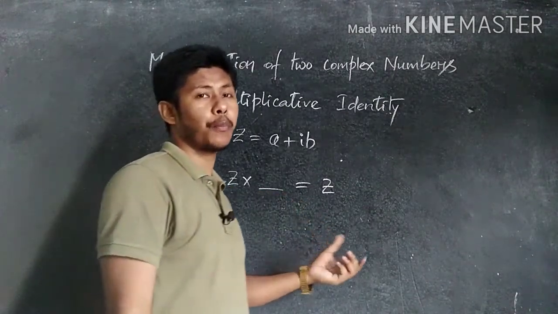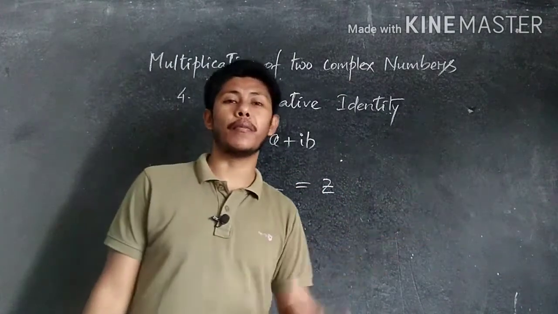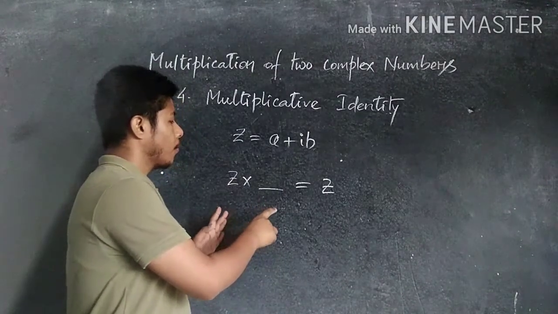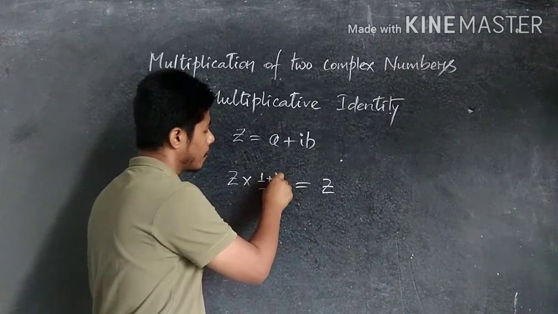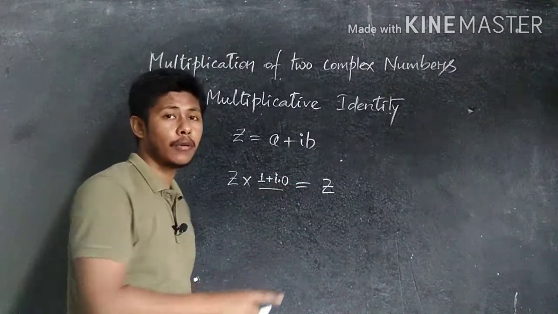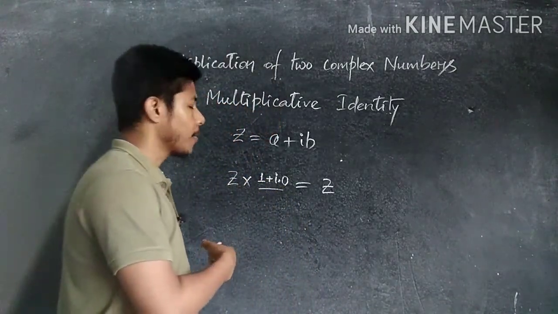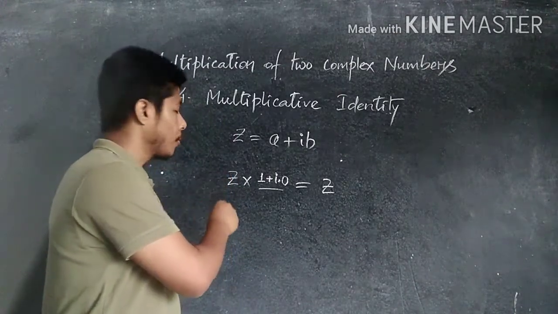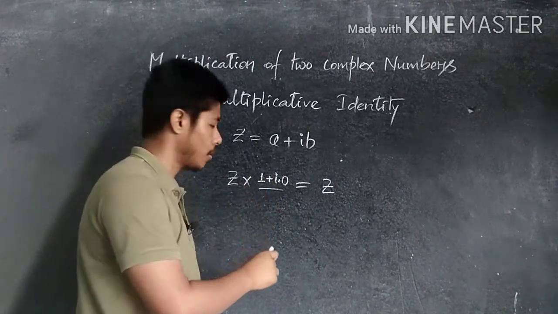We have to multiply by a complex number, so that we get a complex number again. What should we multiply? Obviously we have to multiply 1 plus i into 0, because we know each and every real number we can express as a complex number. So 1 means we can write 1 plus i into 0. No doubt z is a complex number, so with this complex number we have to multiply 1 plus i into 0.